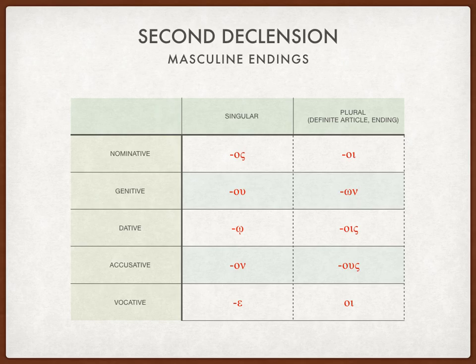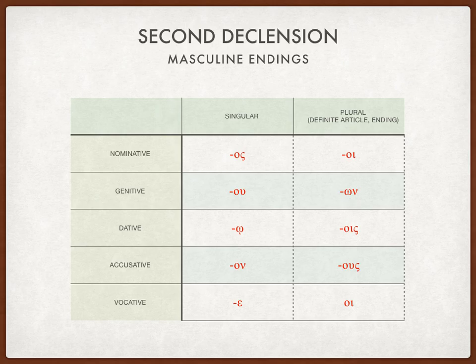But if I want to say something belongs to that thing, I'm going to change the ending of that noun to oo, genitive singular. The dative singular, if I say to or for that thing, O, and notice that has a little iota subscript underneath the omega. So it's not just omega, but it's omega with a little squiggly mark underneath. That's that iota subscript we talked about when we went over the alphabet.